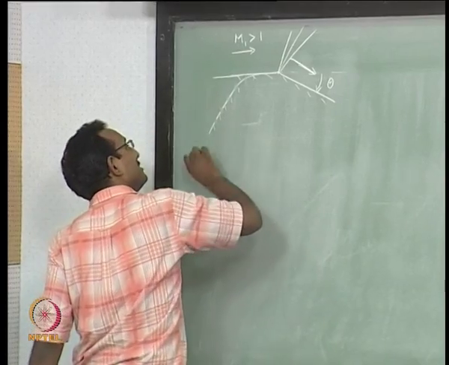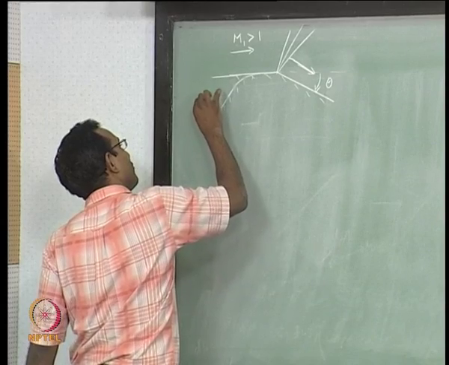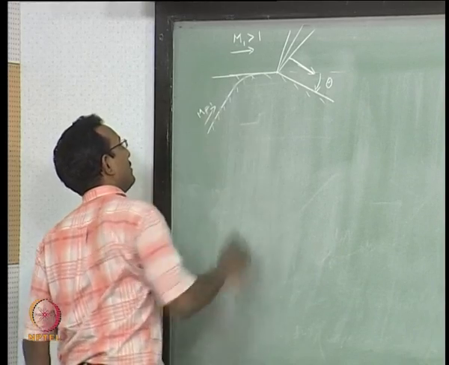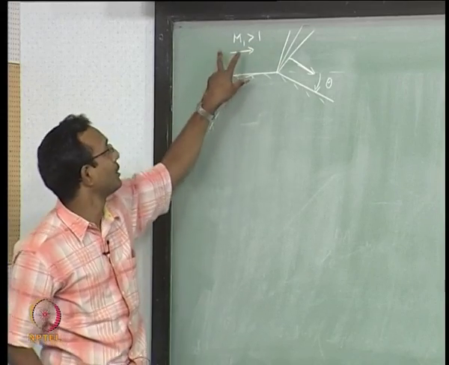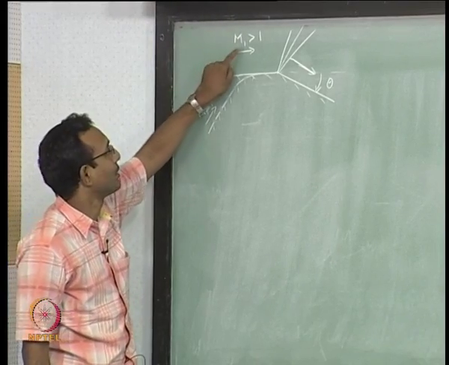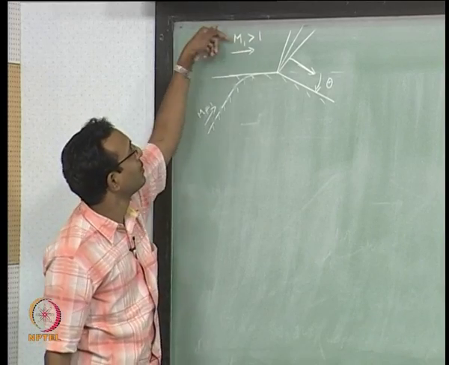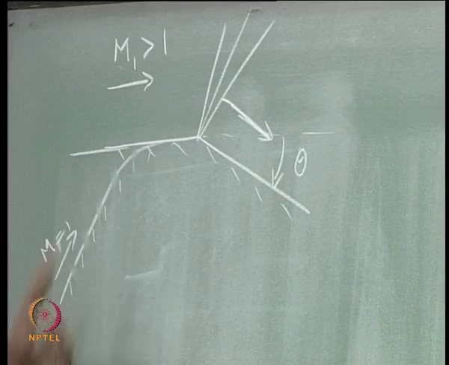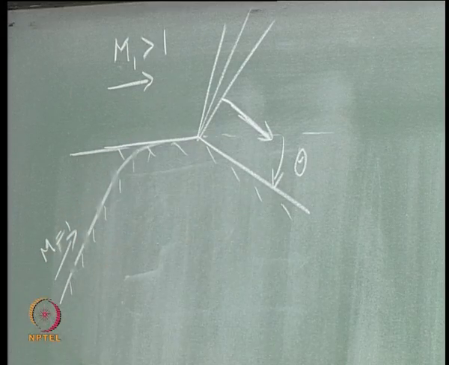I am going to imagine this wall starting from m equal to 1, going to a case where it becomes m1 equal to that particular value. Let us say it is 1.5, 1.4, whatever number. I am starting from m equal to 1 and it is turning to go to that particular value, and after that it is again turning at this point to go to this value.